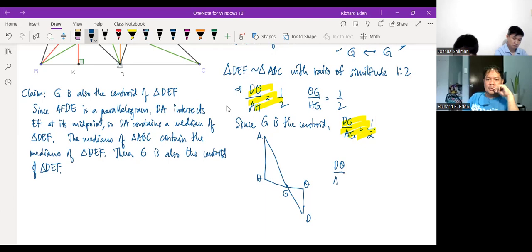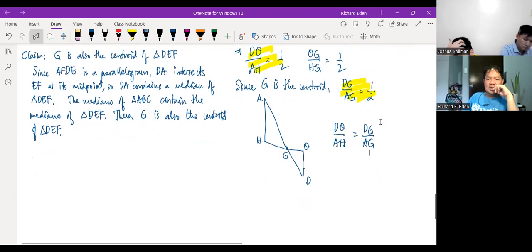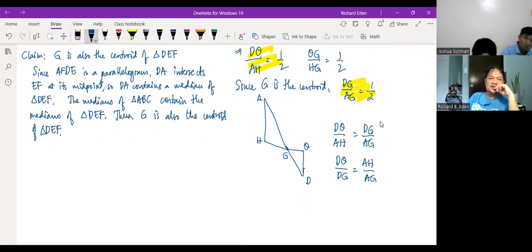DO to AH equals DG to AG. So if you look at what we are comparing here, we have DO over DG equals AH over AG. So what are these?